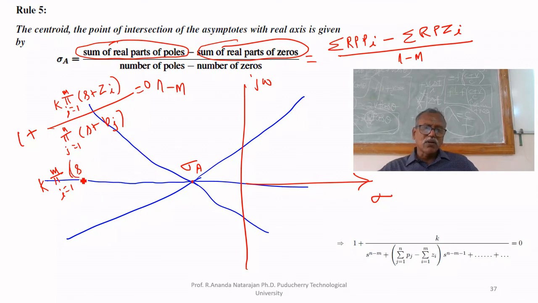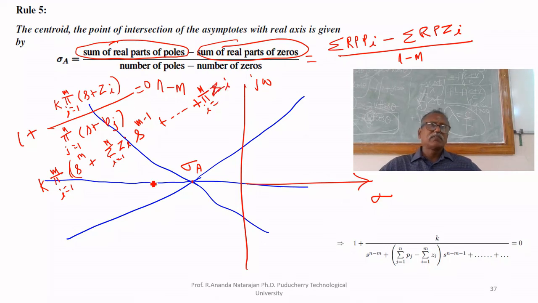The numerator can also be written as s power m plus the sum of i equal to 1 to m of z i times s power m minus 1 plus etc., plus the product of all z i's.